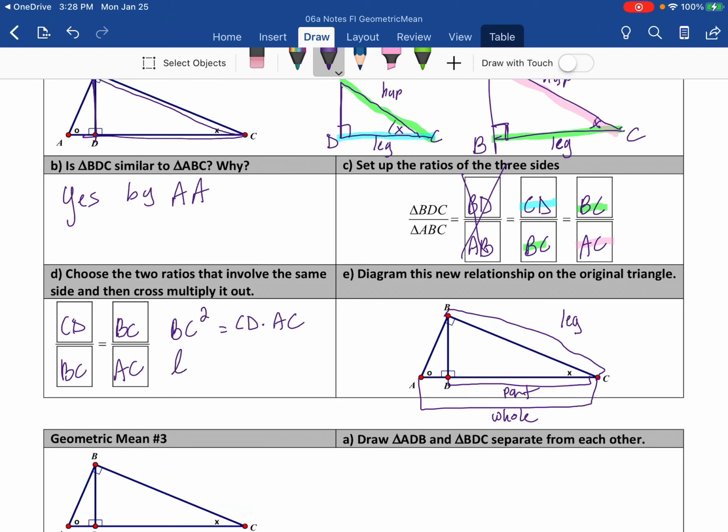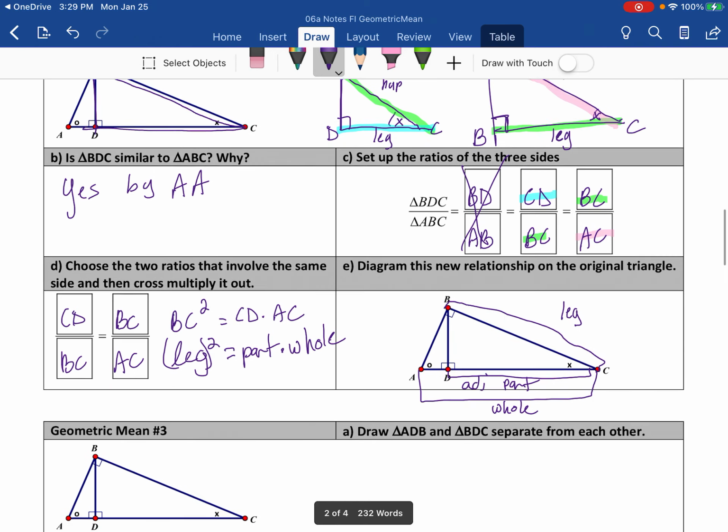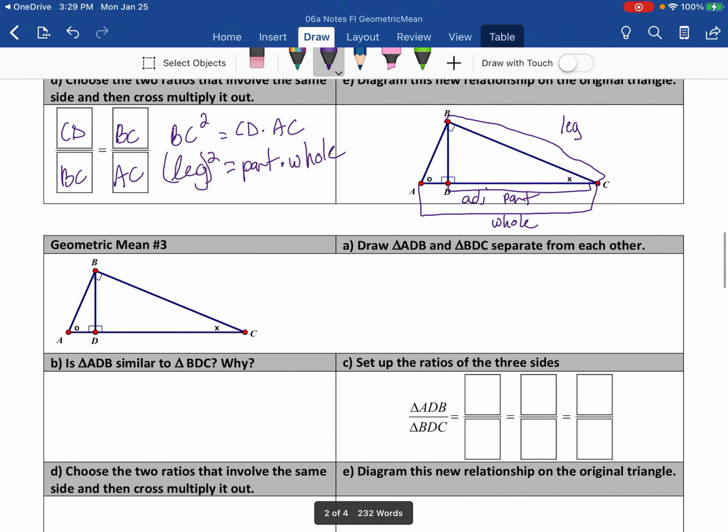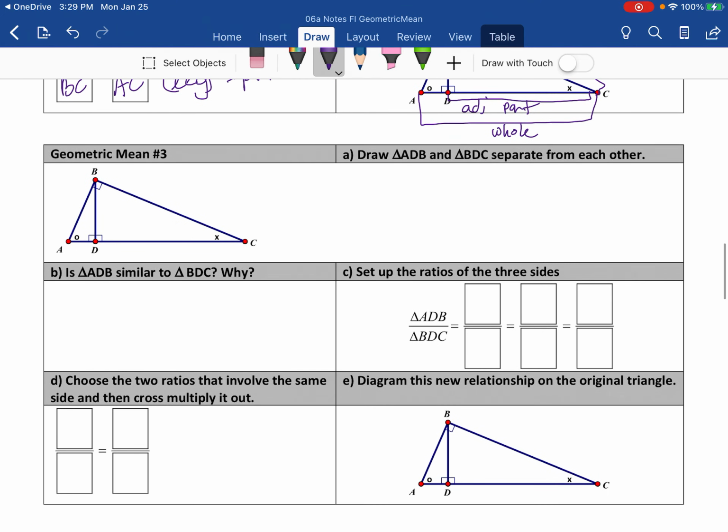So what I see again is I have BC's leg, so if I square the leg, that's going to be equal to part of the hypotenuse times the whole. So leg squared equals part times whole. All right, one last relationship. We have not compared the littlest triangle to the medium triangle.